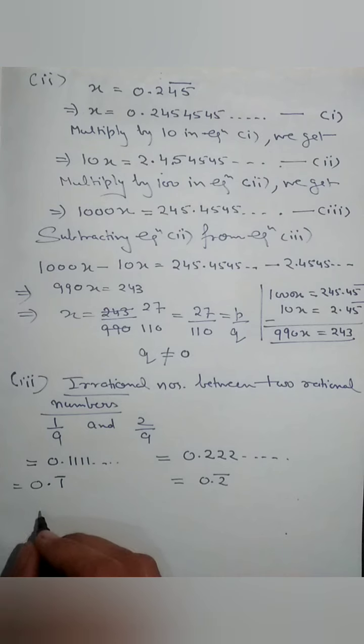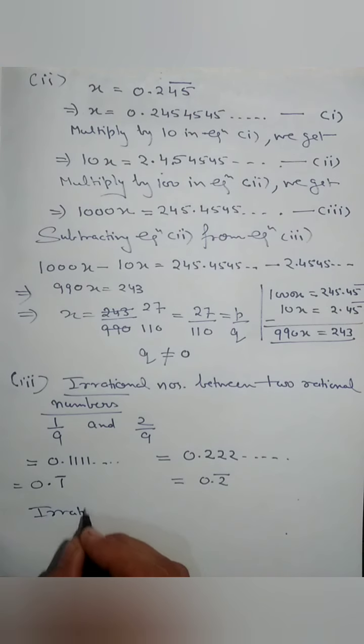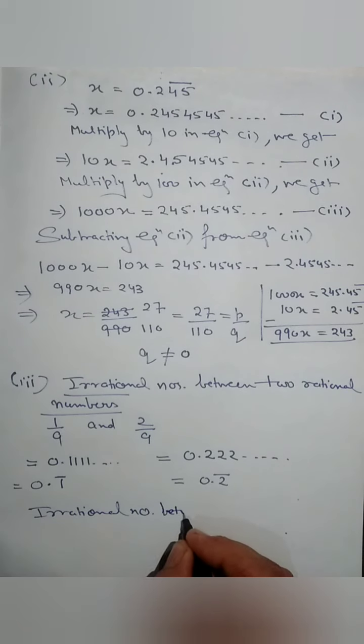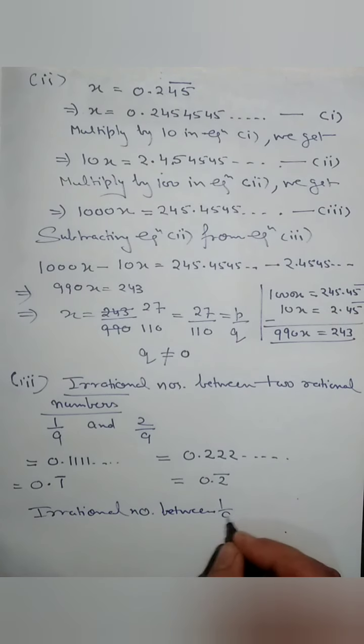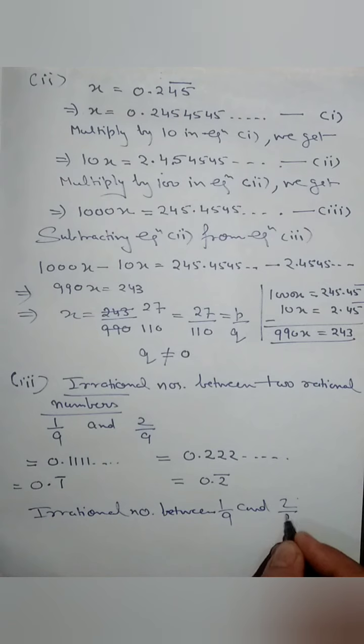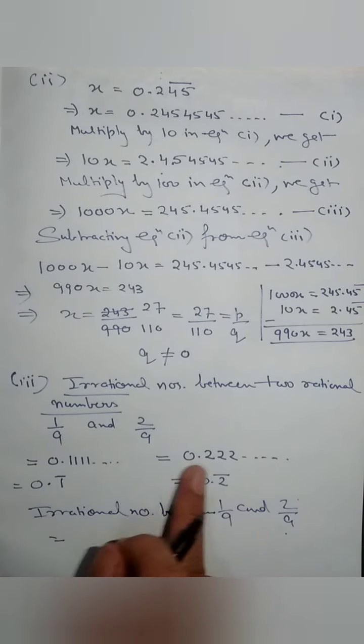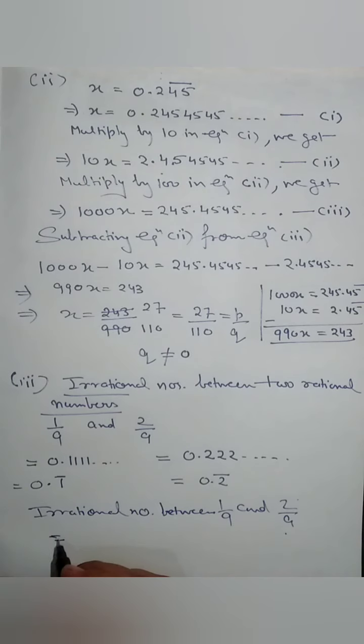So an irrational number between 1 by 9 and 2 by 9 should be greater than this and less than this. We can choose any irrational number.